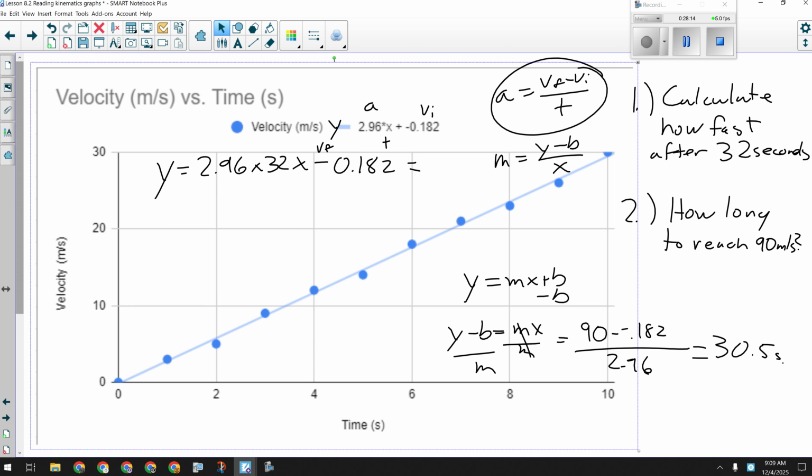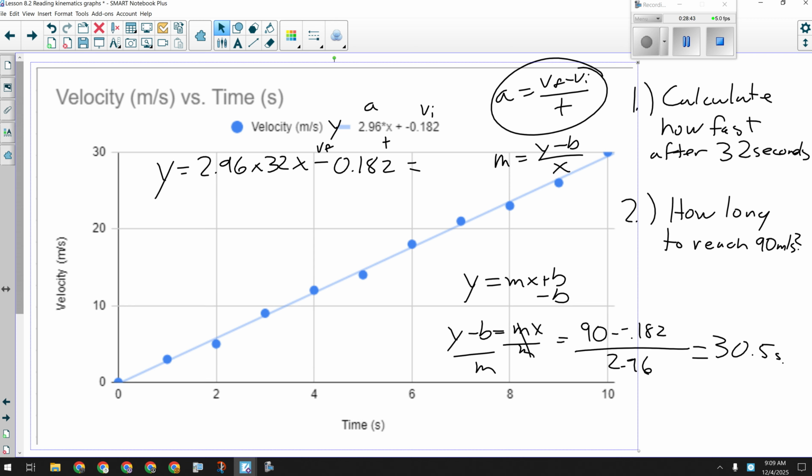Slope is the rate of change of velocity. That's acceleration. Y is final velocity. B is initial velocity. X is time. It's another formula that's just the slope of a line on a graph. So now we've got that V equals D over T is the slope of a line on a position time graph. This, the acceleration formula, is the slope of the line on the velocity time graph.